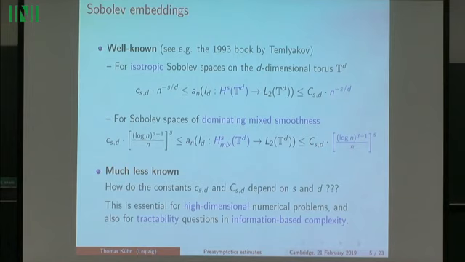There's much less known on this. But in high dimensions, for numerical problems, it is important to know these constants, or to have some information on these constants. And this is also important for tractability problems in information-based complexity.